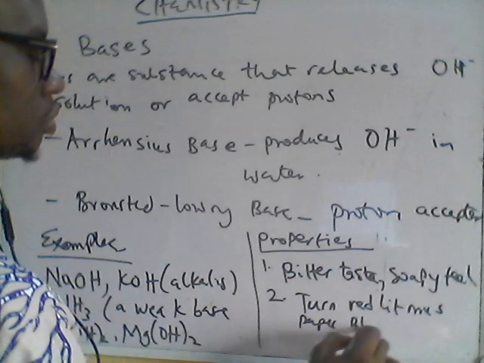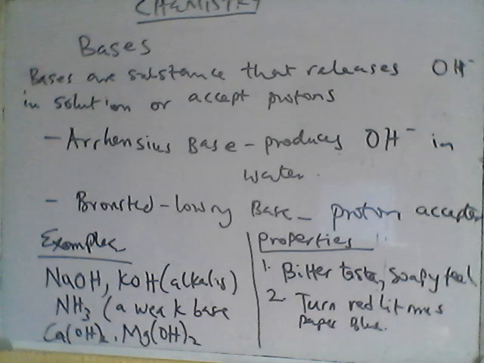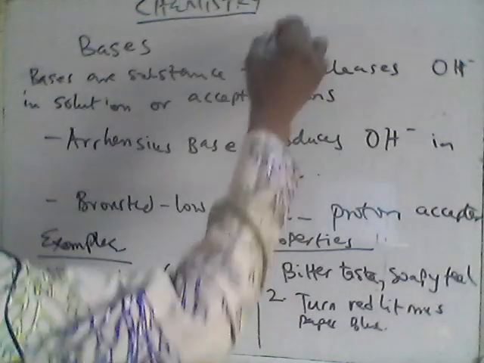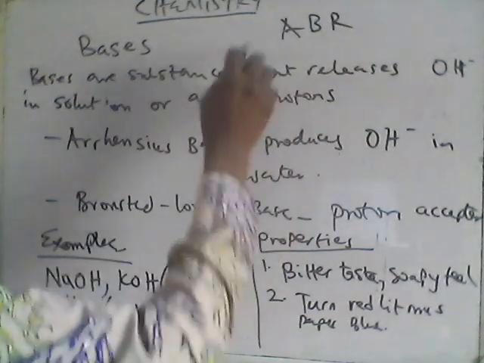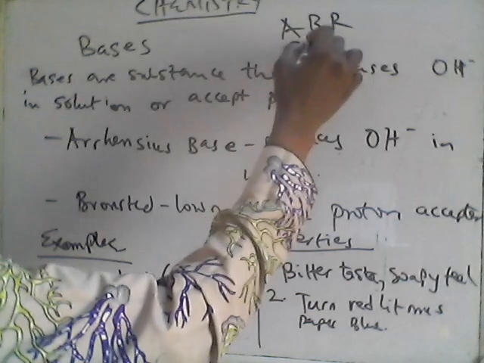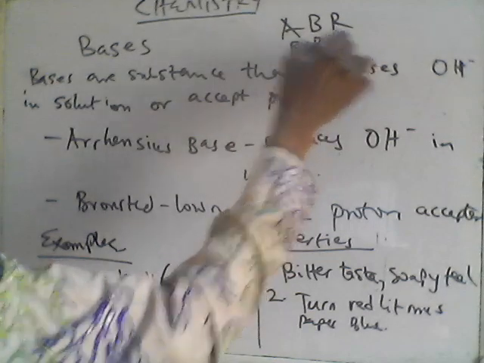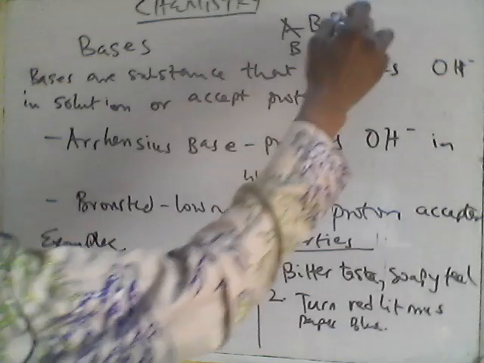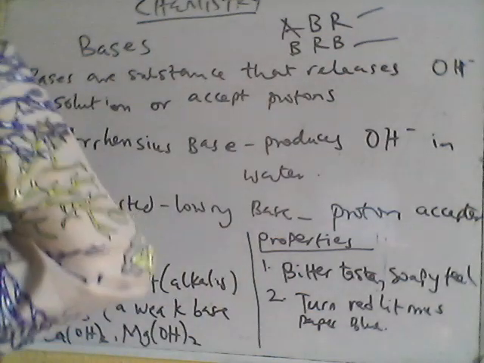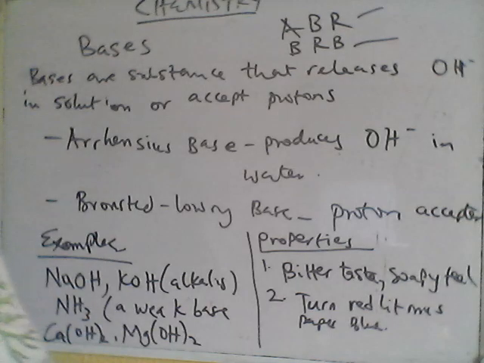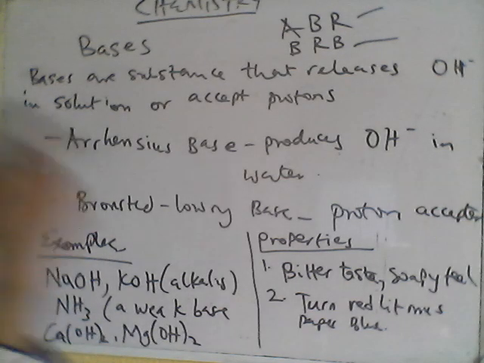Okay, at this point, let me just introduce a mnemonic, a short way of remembering the litmus property of acid or base. Acid turns blue litmus paper red, ABR. Base turns red litmus paper blue, BRB. So if you know this acronym, you can always get it.